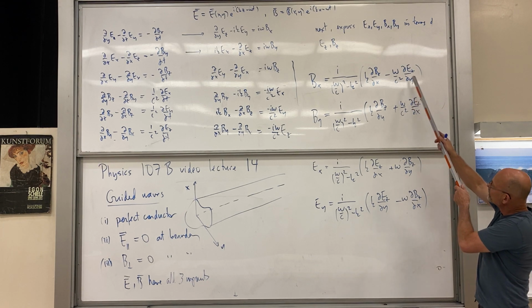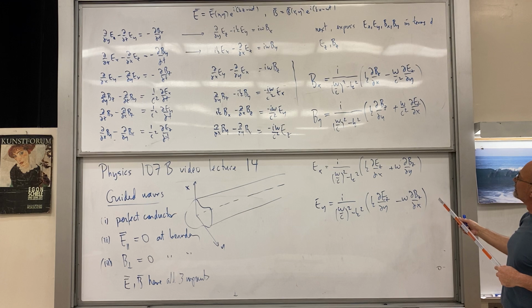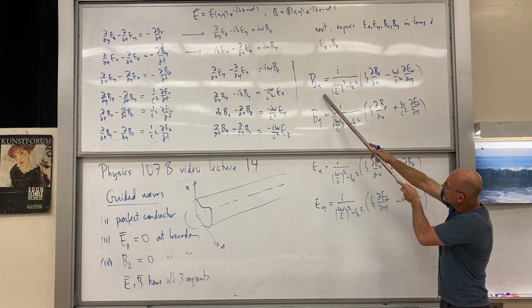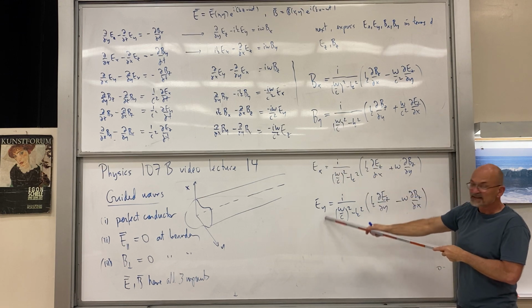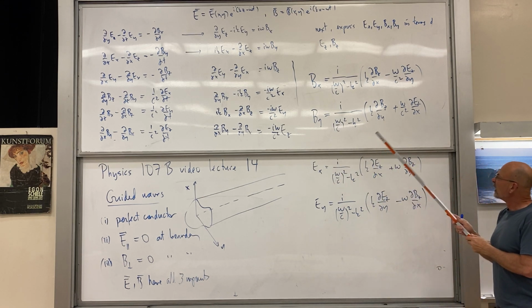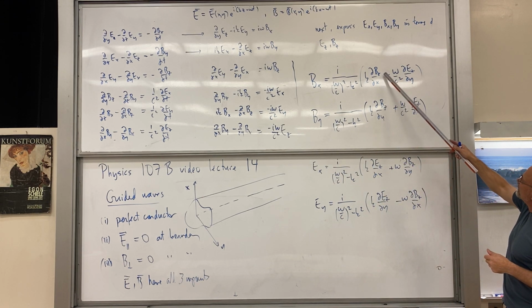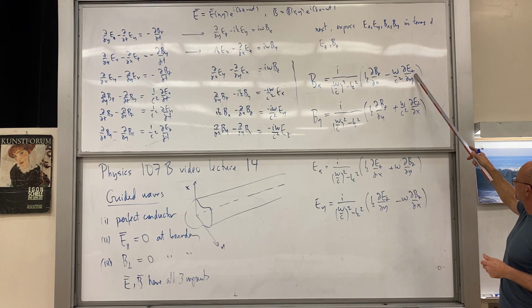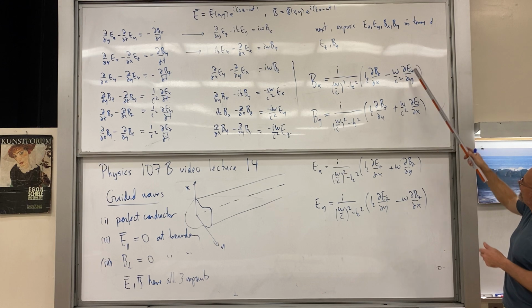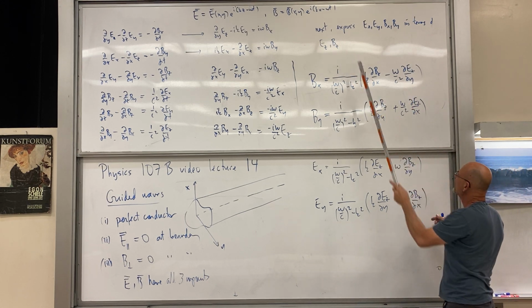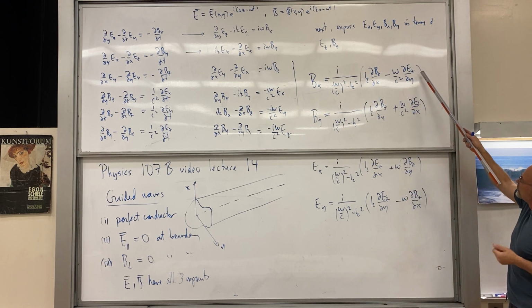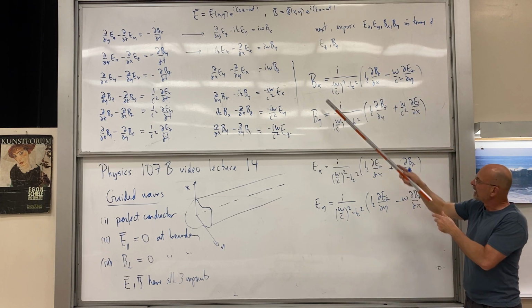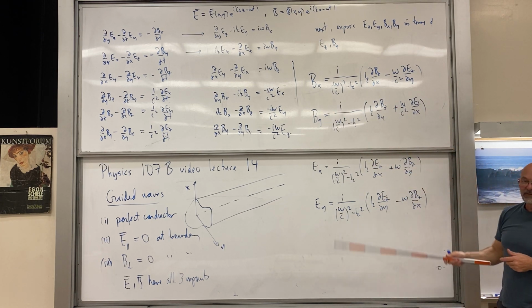What we notice is that these fields, Bx, By, Ex, Ey, all depend on Bz and Ez. That means if we can find these two, E sub z and B sub z, then we'll be able to get the other four components by differentiation.